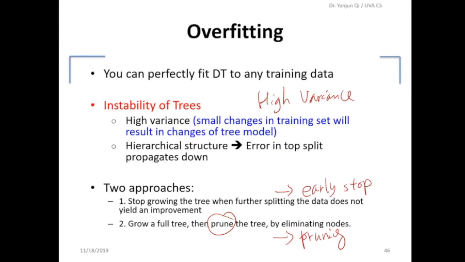Early stopping is where you don't grow the full tree, you stop very early based on some measurements you defined. The other type is where you grow the full tree and then backtrack, pruning those edges that you can use validation data to realize are not as important as other branches.